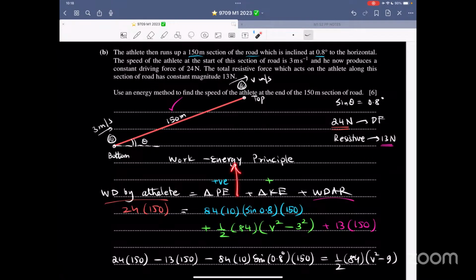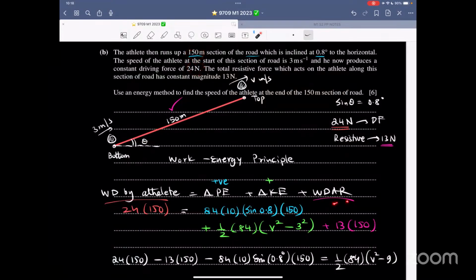The height is increasing, so change in potential is positive. The speed is increasing, so change in kinetic is positive. Work done against resistance, we write as positive on the right-hand side of the equation. And on the left-hand side, we write work done by the athlete. So the work done by the athlete is 24 Newton, force into distance.